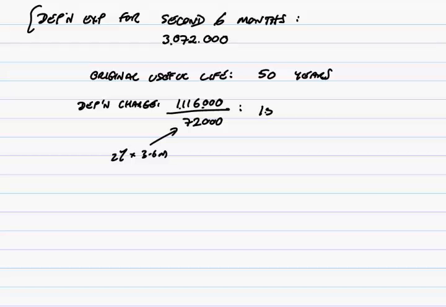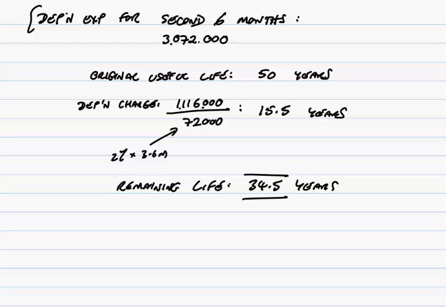Check me, but I think 15.5 years. So if we've depreciated 15.5 years out of a total of 50, surely the remaining life is 34.5 years. And now we can do it.